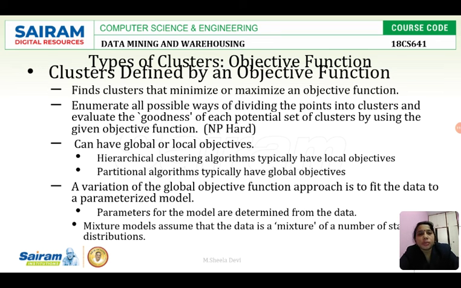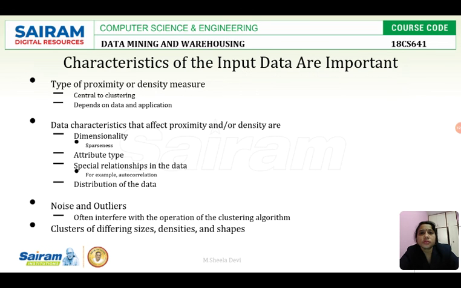So based on some objective function, we are going to check the goodness of every cluster. It can have global or local objectives. The first one is hierarchical clustering and the second one is partition algorithm. We saw this. A variation of the global objective function approach is to fit the data to a parameterized model. As we said, we have to take the points or data and group them in a cluster using the objective function.